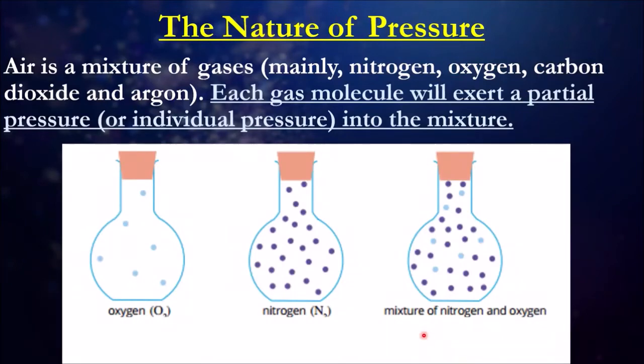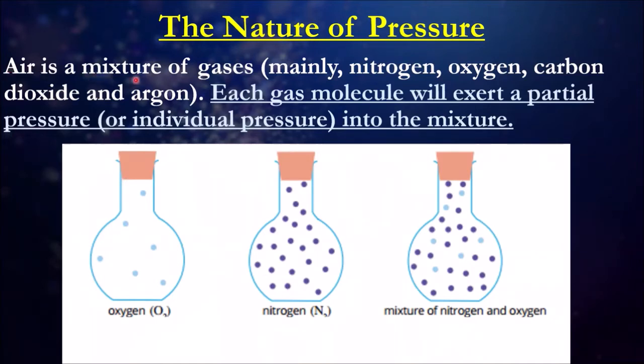Alright, so an interesting thing we also know about pressure, not only is pressure defined as the amount of force that gas particles can exert in an area of space, but we can also calculate the total amount of pressure exerted by a mixture of gases if we just include the initial starting ingredients.